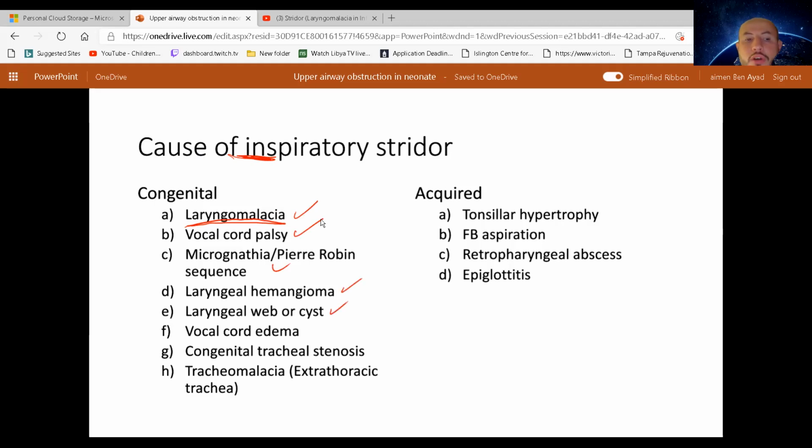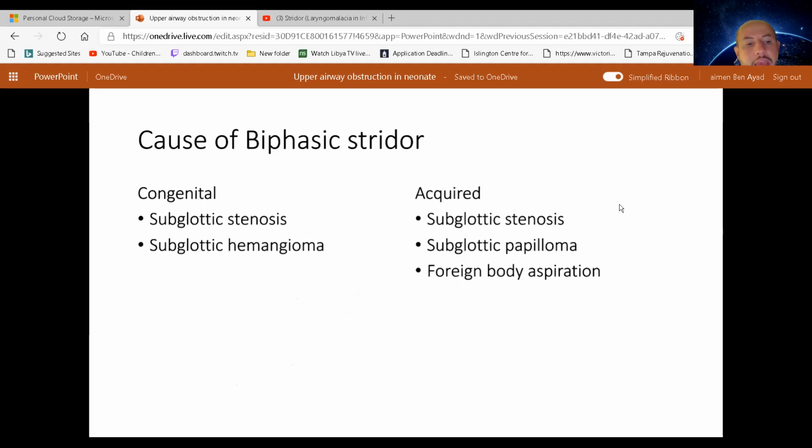You have vocal cord paralysis or vocal cord edema secondary to intubation or prolonged intubation, or traumatized or manipulated airway. You have congenital extrathoracic tracheal stenosis or tracheomalacia. Later on, in the pediatric age group, you have tonsillar hypertrophy, foreign body aspiration, retropharyngeal abscess, and epiglottitis.